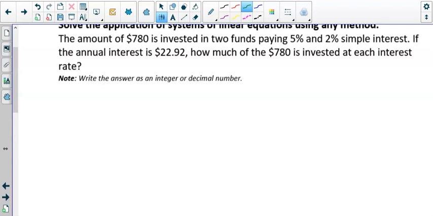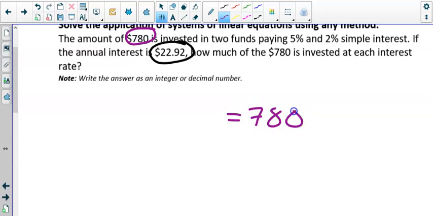So if you look up here, do you see any mathematical words? Nope. So this is definitely standard form. And again, because you have totals. Where are the totals? 780 and 22.92. Yes. Those are your two totals. That's what your equations better equal.